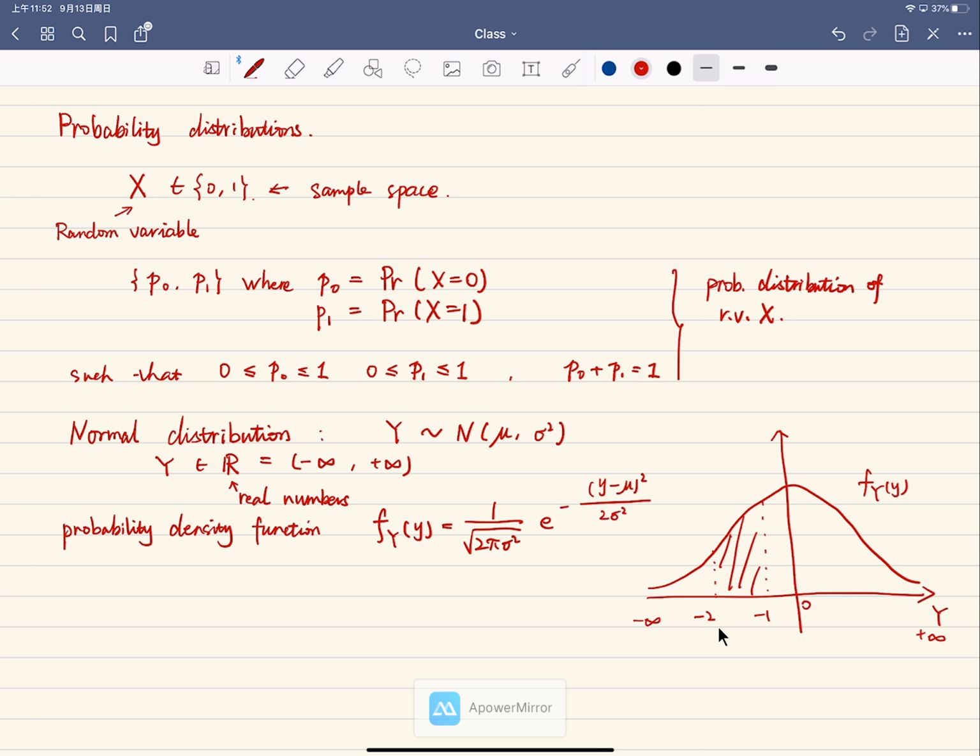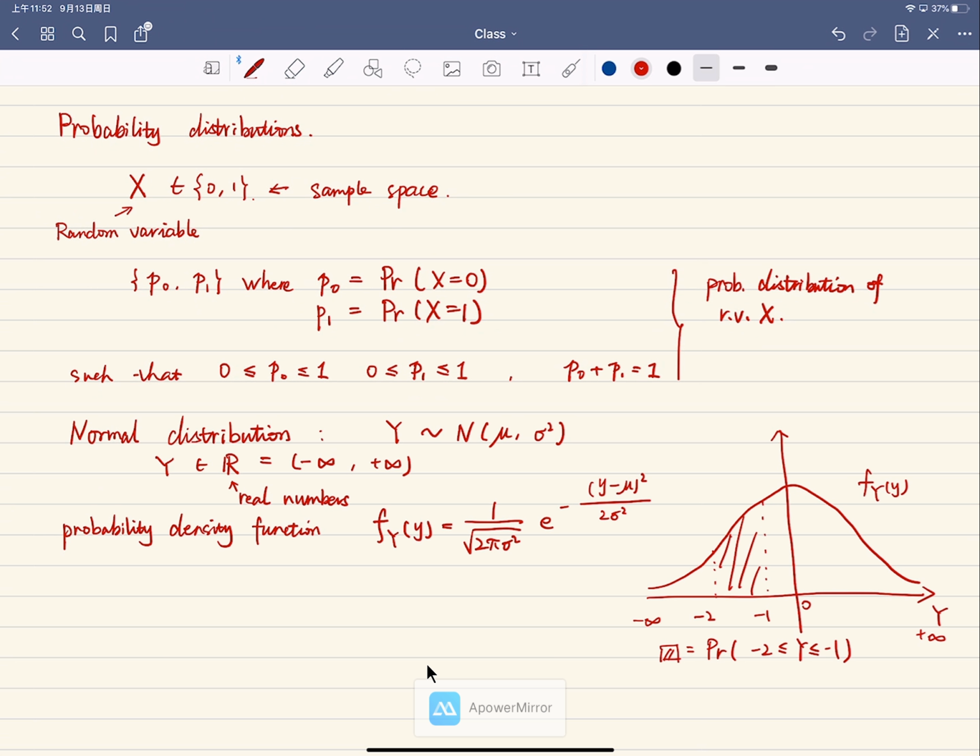This area is the probability that this y random variable lies between -2 and -1. So this is the meaning of probability density function.